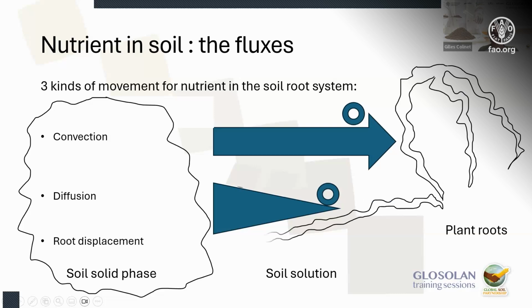And the other one is root displacement. That is the root that can go and try to find the elements in the soil solid phase, a kind of root scavenging of the soil. And an important element in the system is the mycorrhiza.